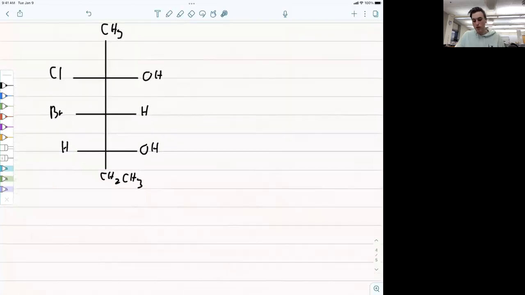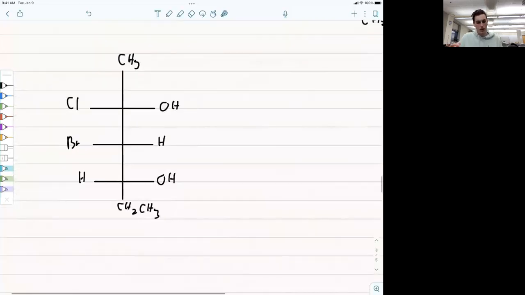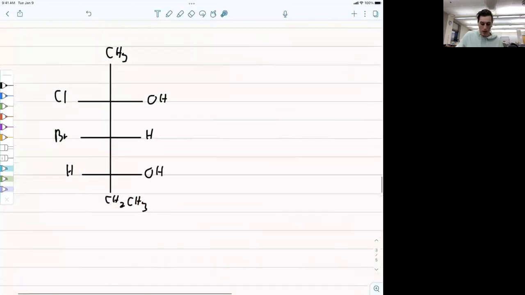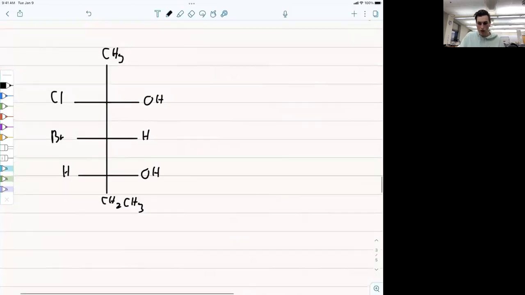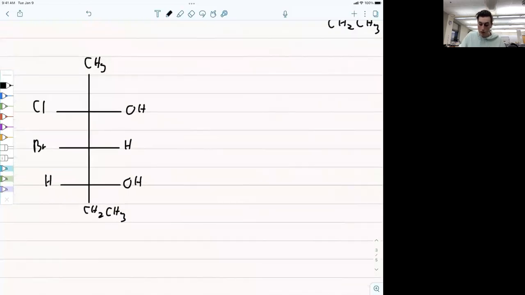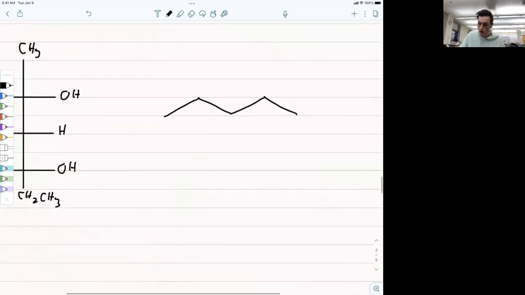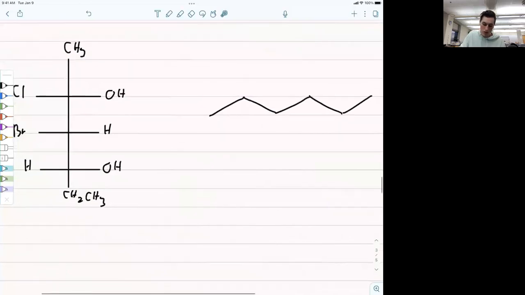In this case, what I'm looking for is how I can turn this into a straight chain. It's 1, 2, 3, 4, 5, 6 carbons. So I'm just looking to see how I can turn this into my straight chain hexane. With 6 carbons, 1, 2, 3, 4, 5, 6 carbons.